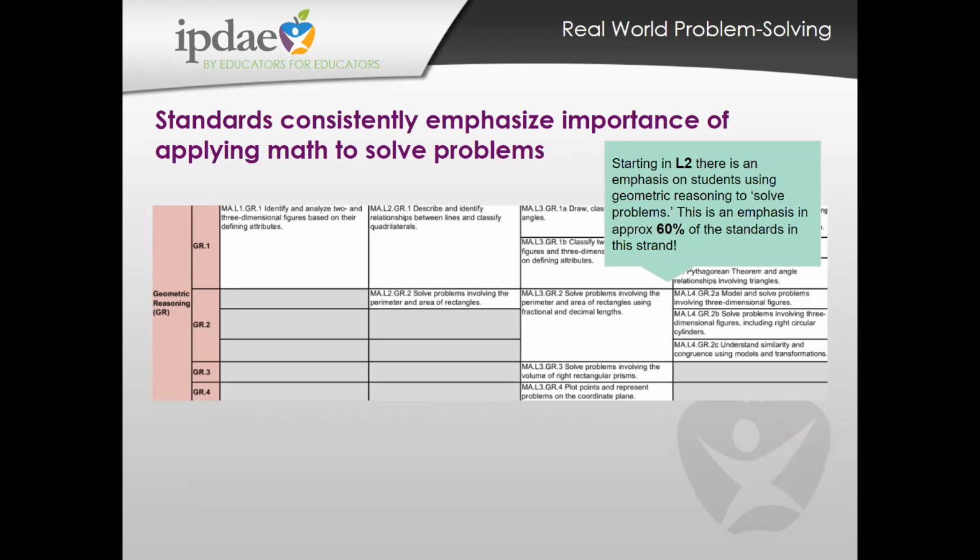So actually, if you count them up, 60% of the standards in the geometric reasoning strand reference solving problems. So really, you can tell that the focus for students is not just geometry for geometry's sake, but really using geometric reasoning in order to solve real world problems that they might encounter.